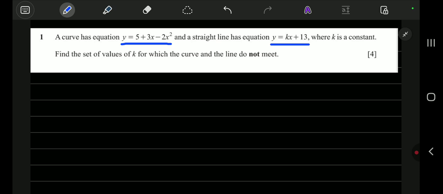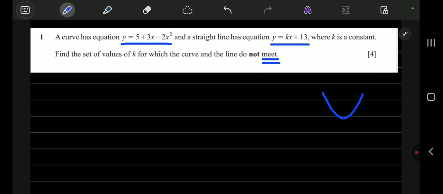Okay, so whenever we are being given the equation of a curve and the equation of a line, or equation of two lines, or equation of two curves, and we are concerned with the point of intersection, they say they do not meet, but we are discussing the point of intersection, like either they have one point of intersection, two points of intersection, or no point of intersection.